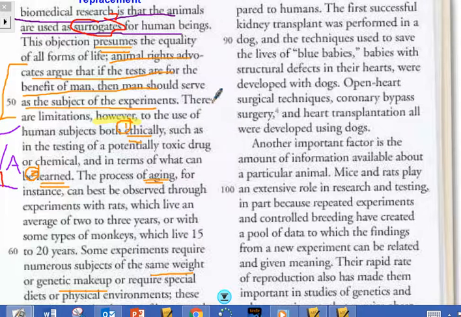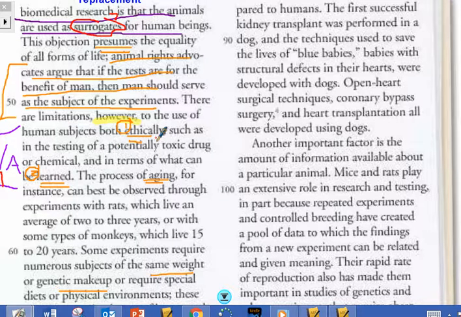And it starts right here. "There are limitations, however." There's your clue. "However, to the use of human subjects," human experimental subjects, and what are those limits? They are ethical limits. Is it right to experiment on humans?